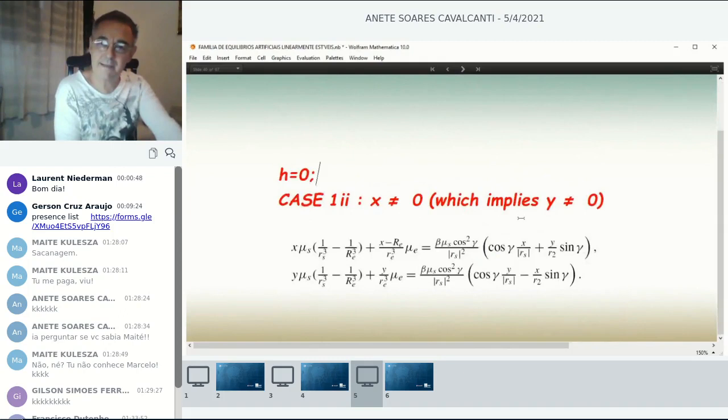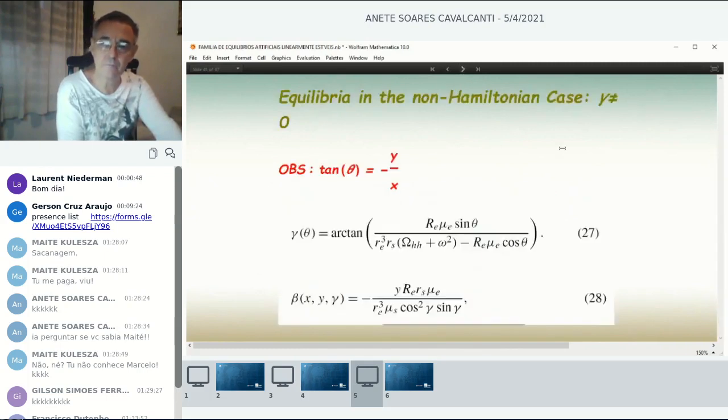This implies, if x is different from 0, the equations also imply that y is different from 0, and the equations to be satisfied for us to find the equilibria are these two equations in here. The result we have is, consider now the angle theta given by minus y over x, we have two expressions.